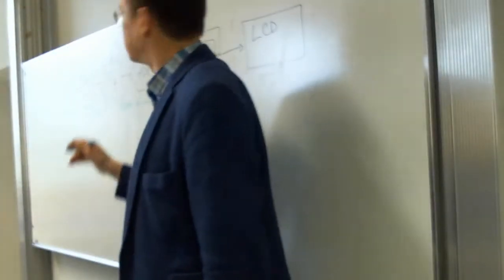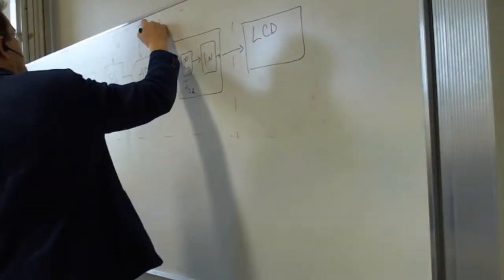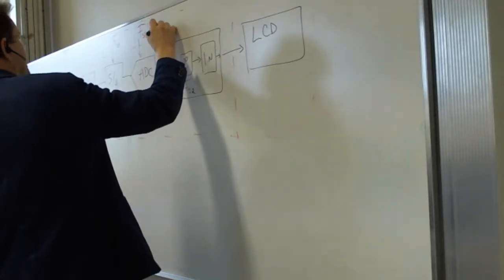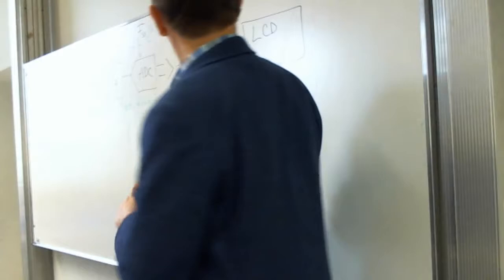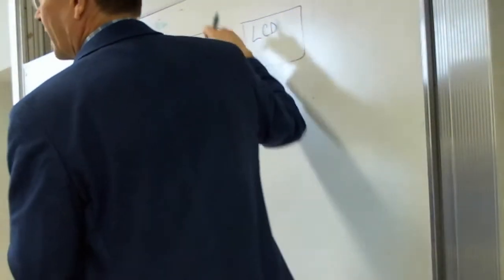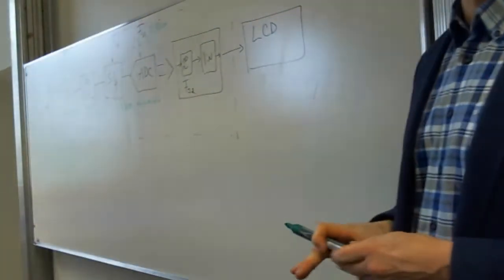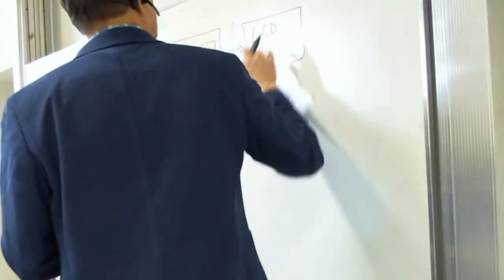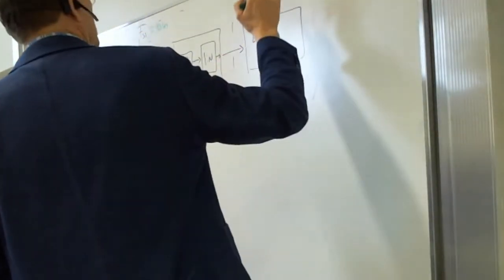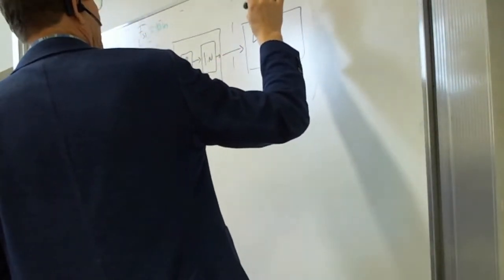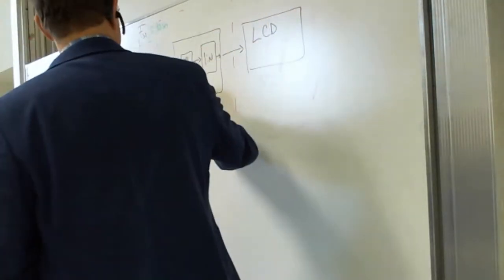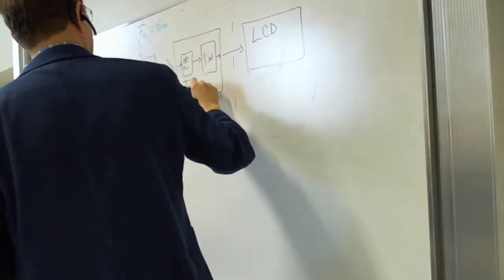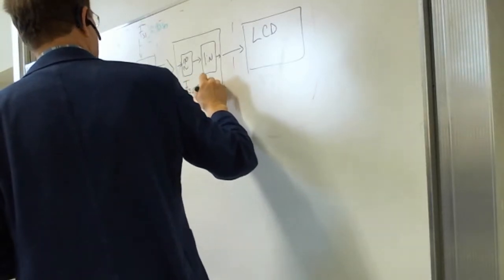So roughly at this sample rate, this one is about 100 samples per second, in that range. While the display is kind of a slow device. So basically, this second sampling rate is about 2 samples per second.